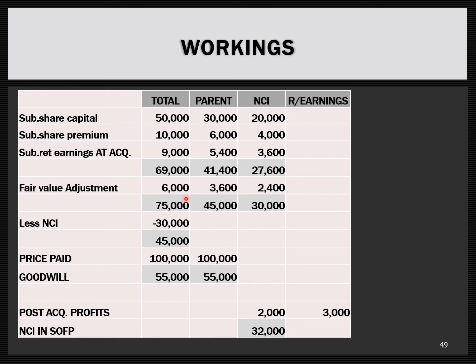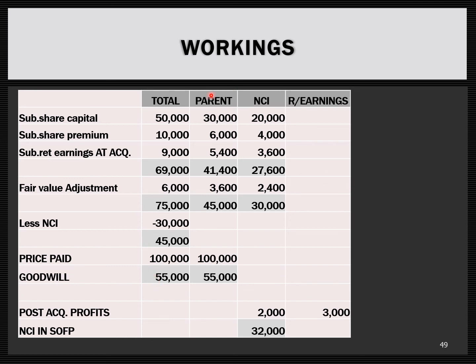That gives the value of the total of the company at the date of acquisition. If we've purchased less than 100% of the shares, we then need to make a deduction for the non-controlling interest. That gives a value for the part of the company that we've purchased. If you compare that to the price that we've paid, the difference is the goodwill.